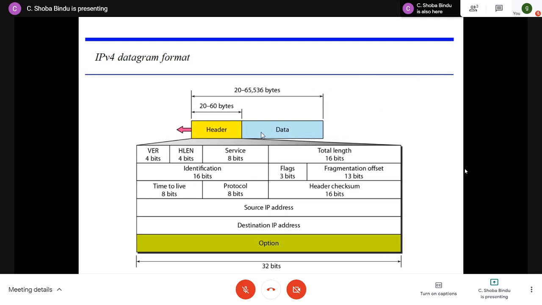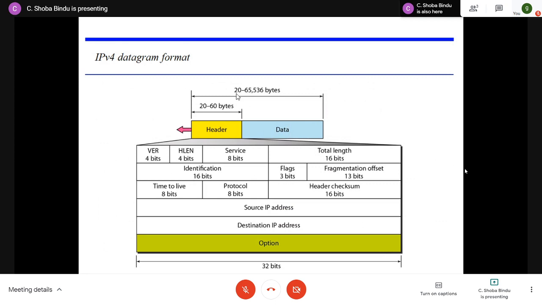The total length of the header and the data, the total size of this IP packet, is a maximum of 65,536 bytes. And this header is 20 bytes. So you can deliver only the header also here, so that the total minimum size of the data that has to be delivered is 20 bytes, and then it can go to a maximum of 65,536 bytes here.